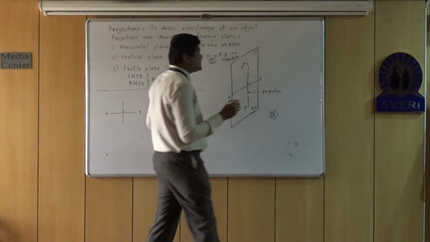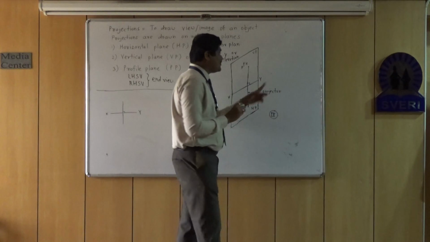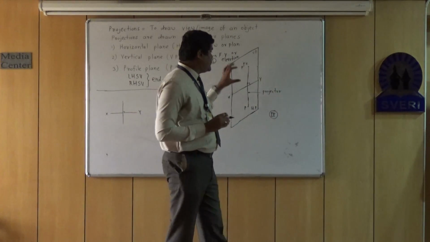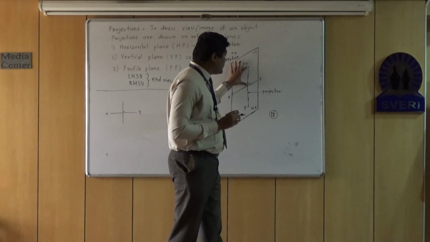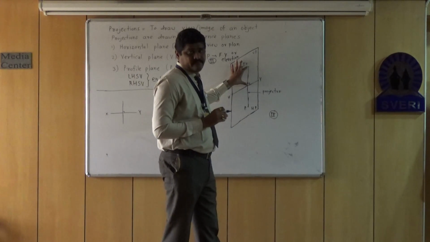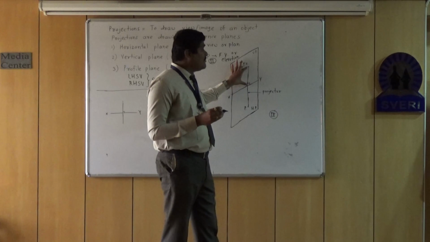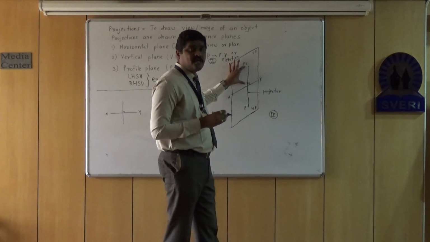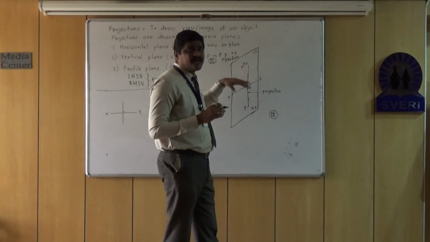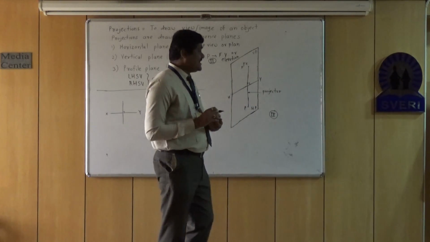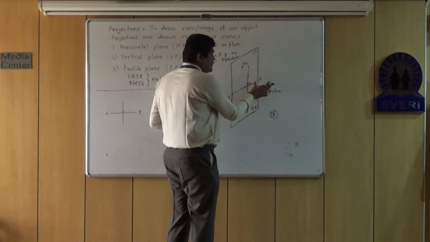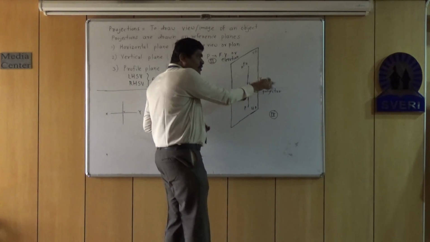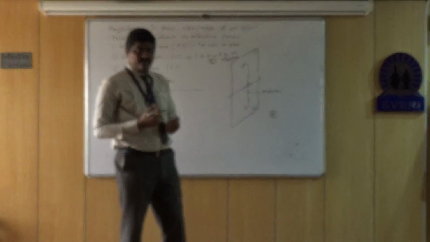Now, if we imagine about the earlier position of the point here, we can easily understand the distance above HP should be marked above XY line. The distance of the point above HP should be marked above XY line, and the distance of the point in front of VP after rotation, it will go below XY.